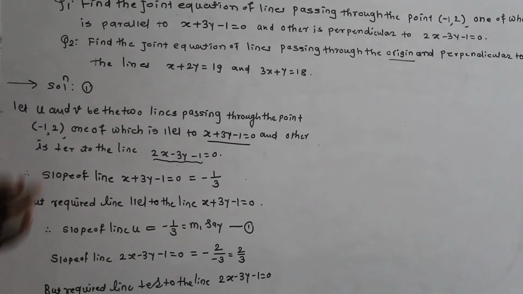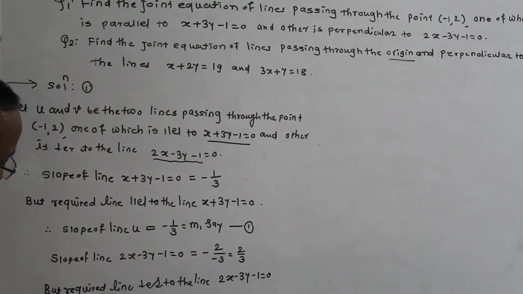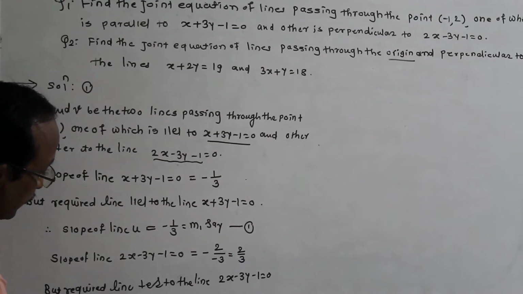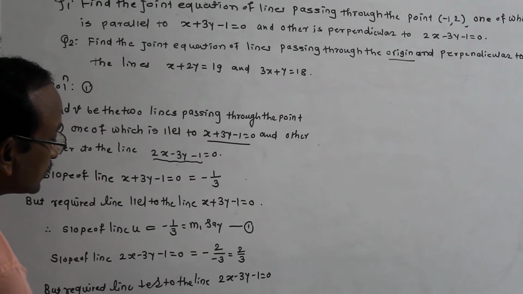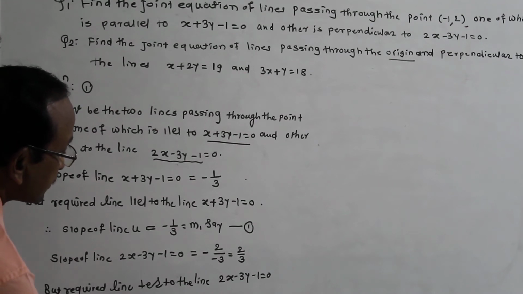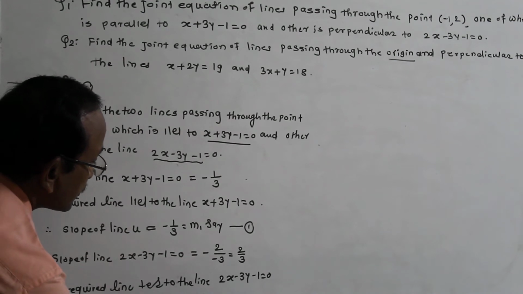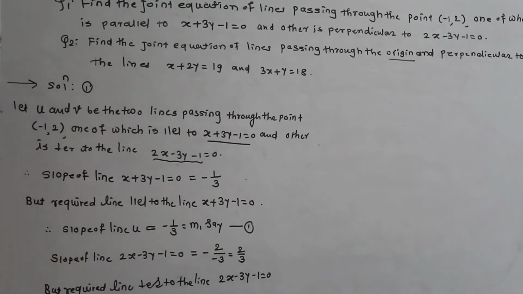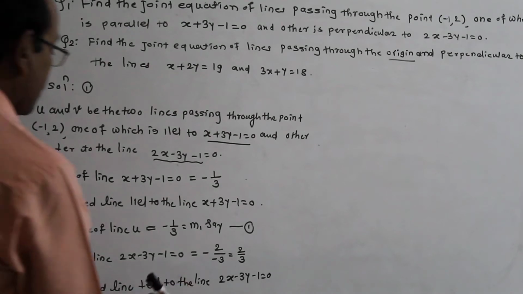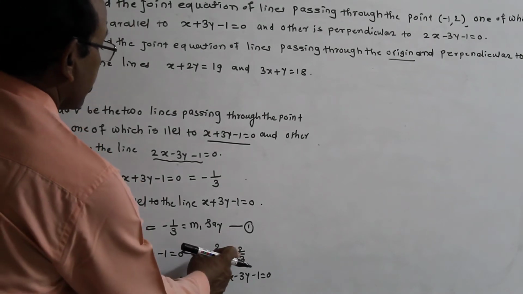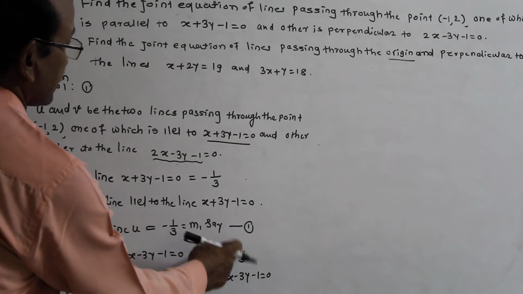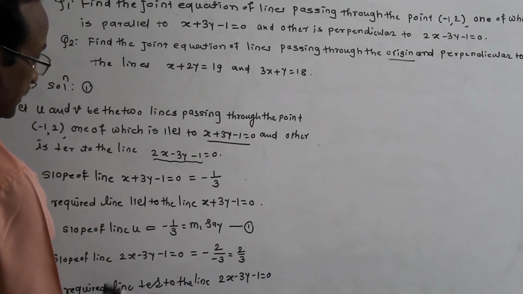We know that if the product of slopes is minus 1, then the lines are perpendicular to each other. So therefore slope of line v is equal to minus 3 upon 2, equal to m2, say equation number 2 here. Why is it minus 3 by 2? It is plus here, in this it is minus, then the reciprocal of 2 by 3 is 3 by 2.